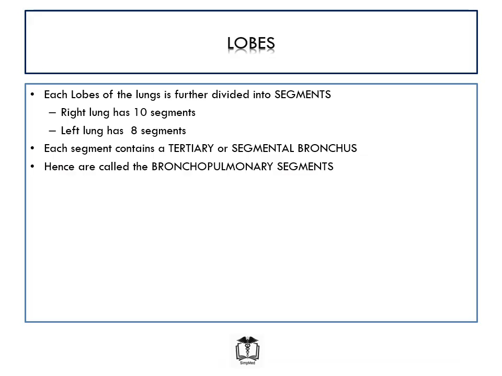So each lobe of the lungs is further divided into segments. The three lobes on the right lung are further divided into a total of 10 segments. And then the two lobes on the left lung are further divided into 8 segments. And each of those segments is supplied by what we call a tertiary or segmental bronchus.